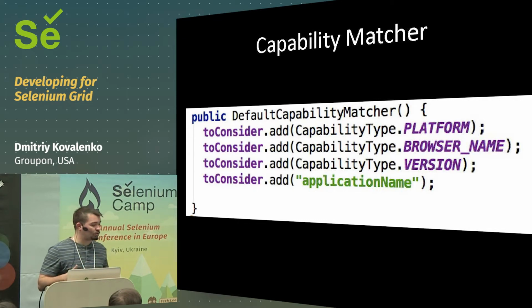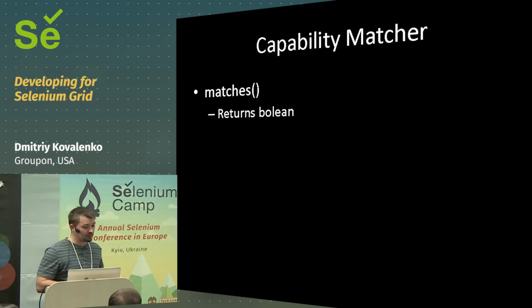These seem to work for the most part. I have not had a need to override the capability matcher. And you just have to implement the matches method, which returns true or false.